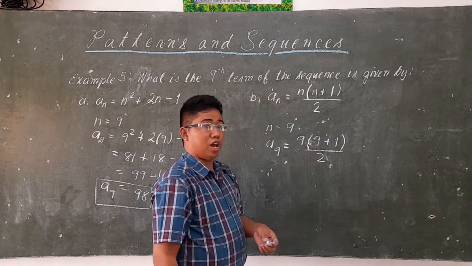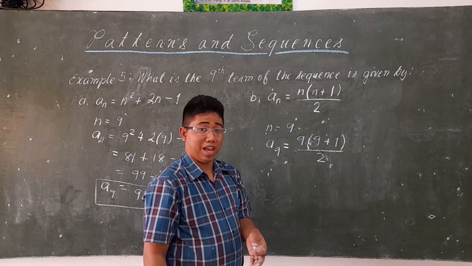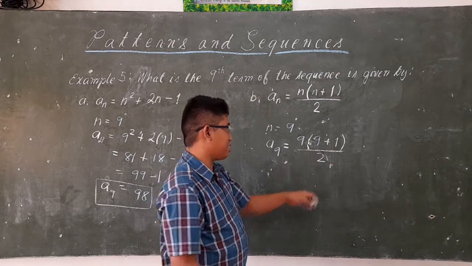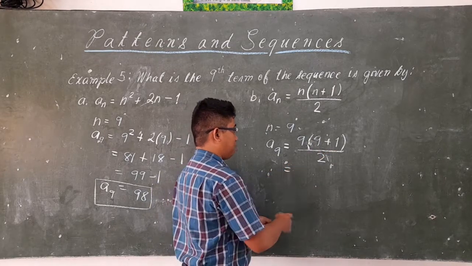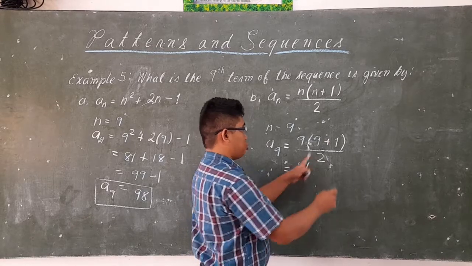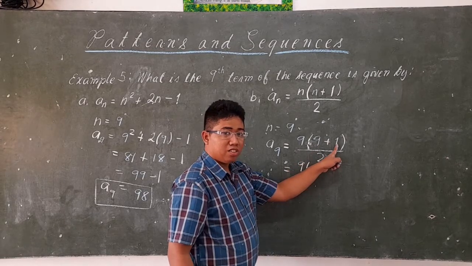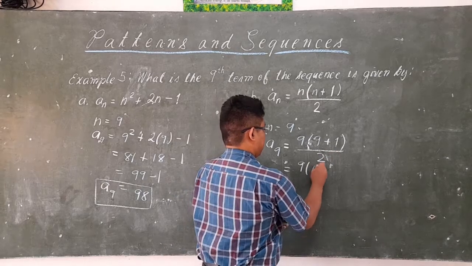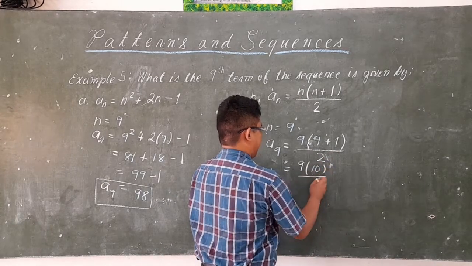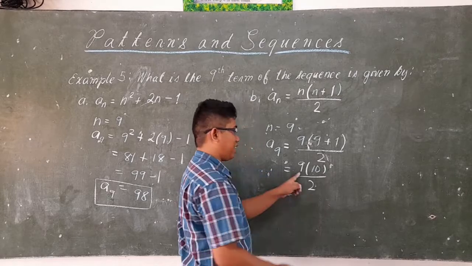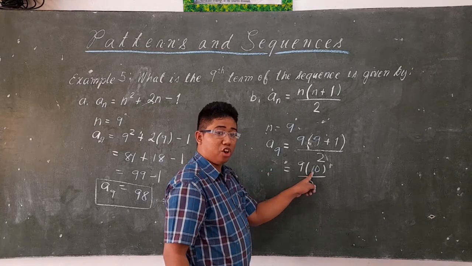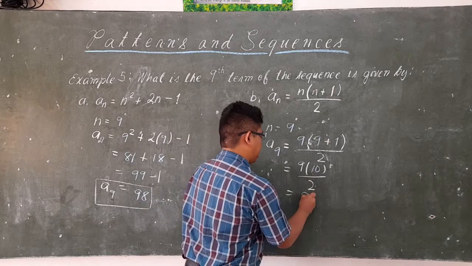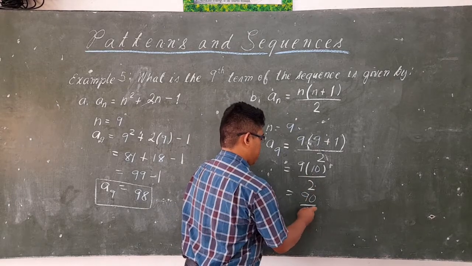Okay, next. Apply first the rule for PEMDAS. Since 9 plus 1 is inside the parentheses, a sub 9 becomes 9 times the quantity of 9 plus 1. What is 9 plus 1? It is 10. So 10 divided by 2. After that, this is multiplication, so 9 times 10 becomes 90 all over 2.